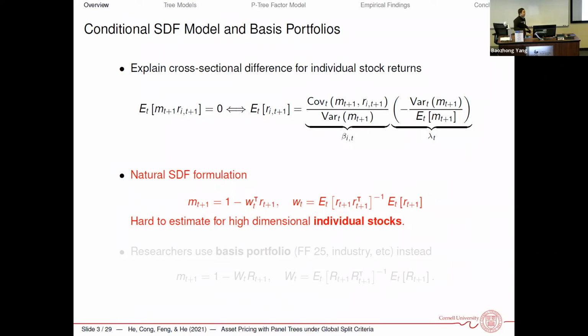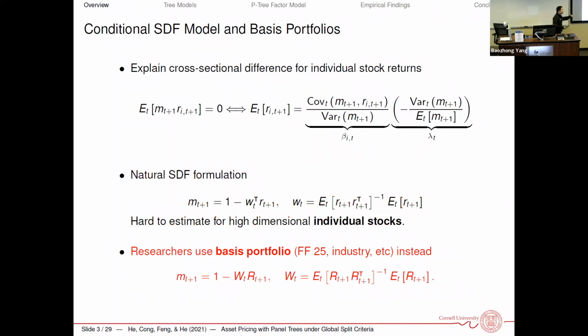If we look at individual assets, we're using basis portfolios. And how are they typically generated? I would say they are generated in a way that's a little bit ad hoc. Sorting along certain characteristics, deciles, long-short portfolios. So is there a more data-driven way, a more endogenous way of generating basis portfolios, and then go from there, use those basis portfolios to construct this pricing kernel? That's what we want to contribute.